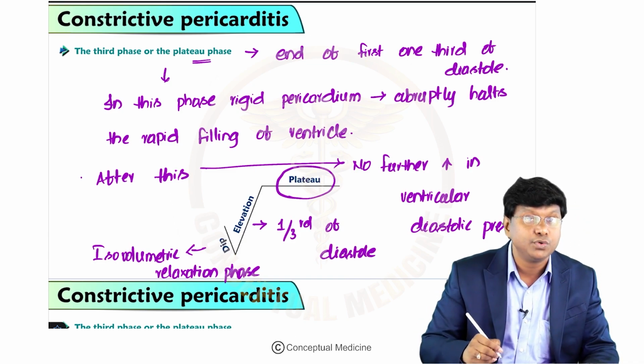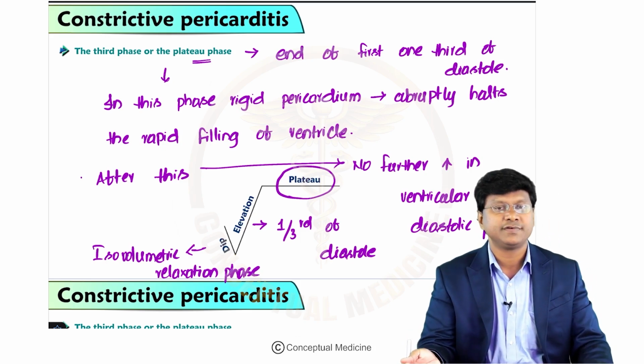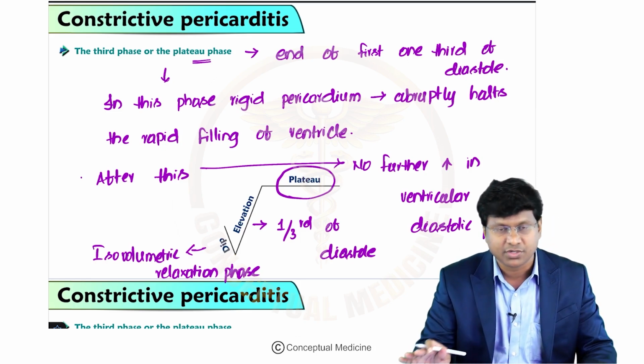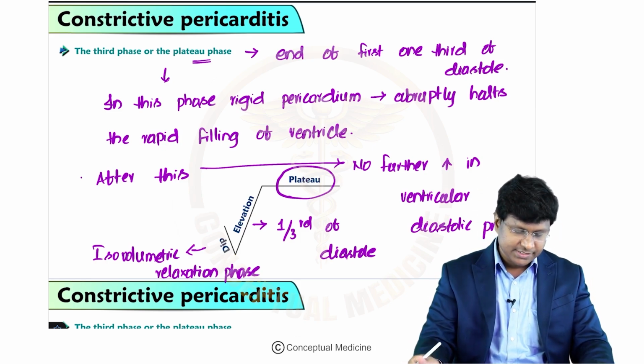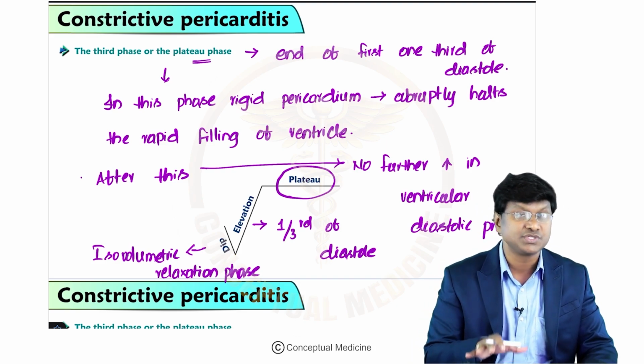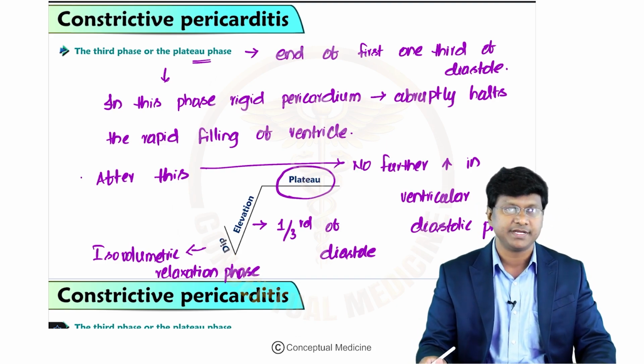And this plateau is after that 1/3 of diastole, where further increase in ventricular diastolic pressure does not occur. That is the third phase, or the plateau phase. And this is nothing but your square root sign in patients with constrictive pericarditis.